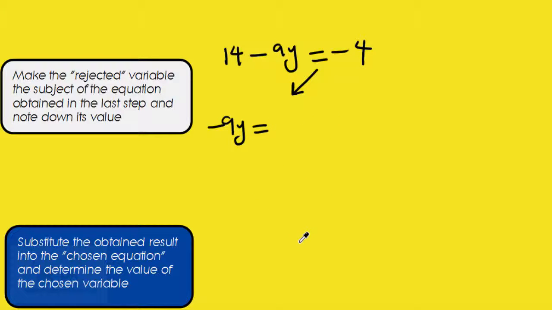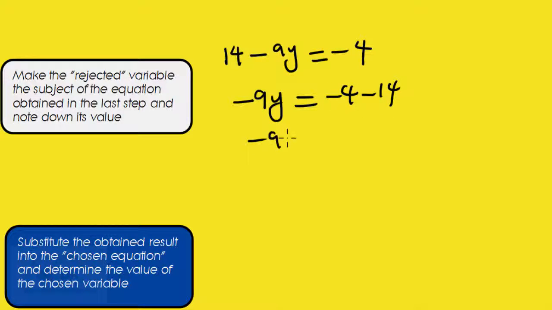Another approach is as follows. I do the same thing, subtract 14 from both sides because I'm trying to isolate y. And that gives me minus 9y equals minus 4 minus 14, which gives minus 9y equals minus 18. Now I'm going to multiply through by minus 1. I want to get rid of the minus sign.